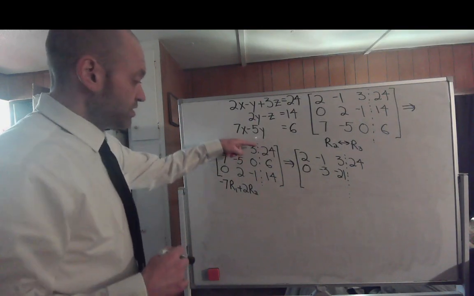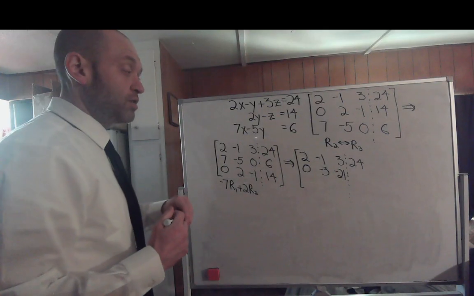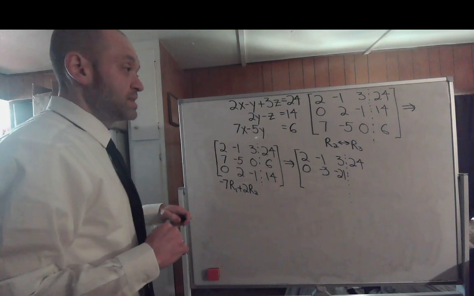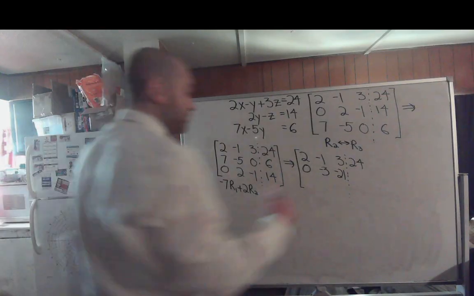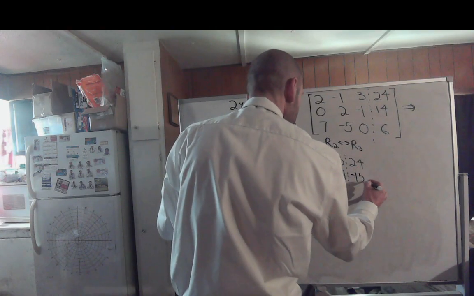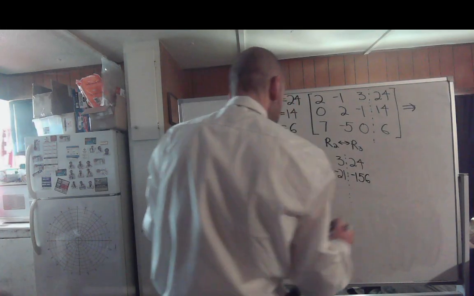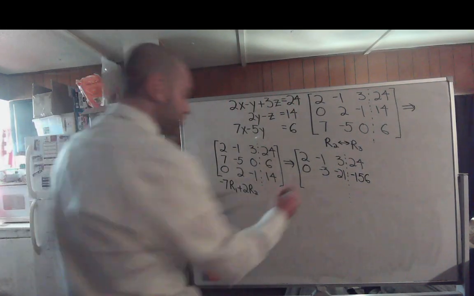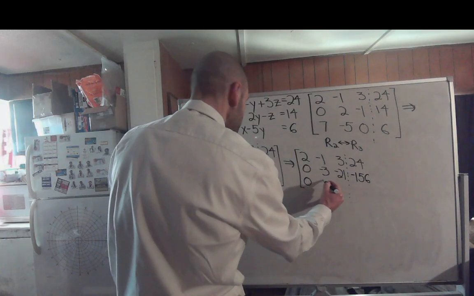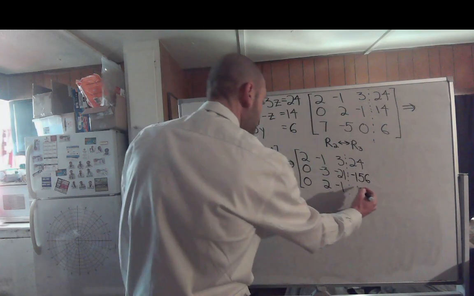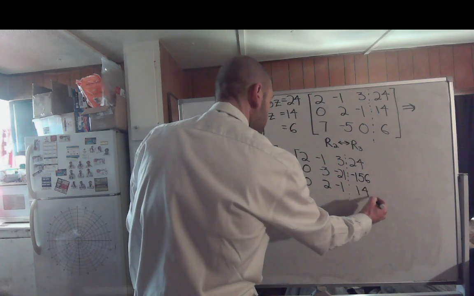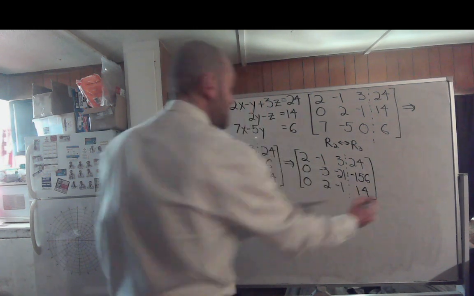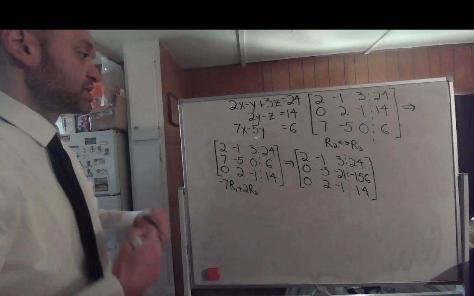Alright, negative 168 plus 12, that's going to end up being negative 156. And then you'll have your third row, which we haven't touched yet. 0, 2, negative 1, and 14. So yes, this can get a bit hairy sometimes.